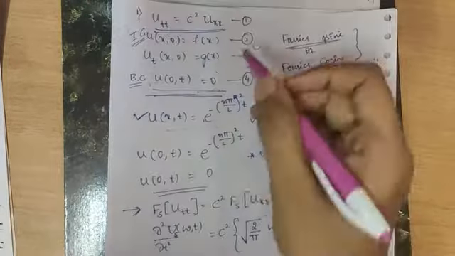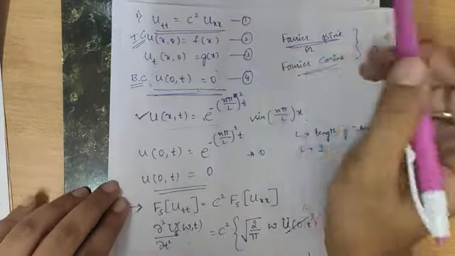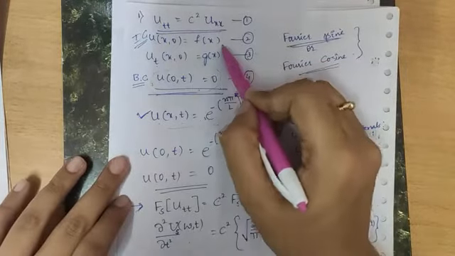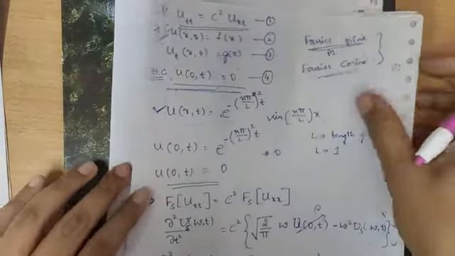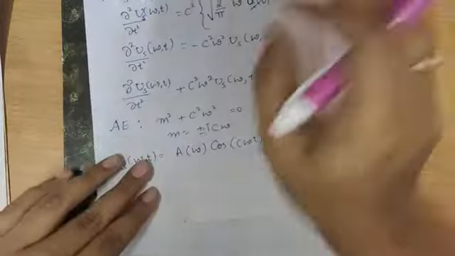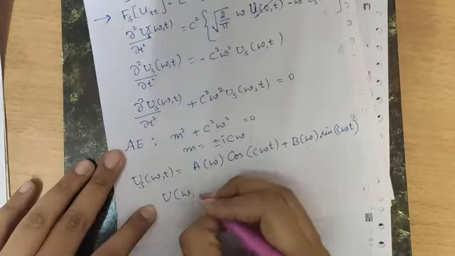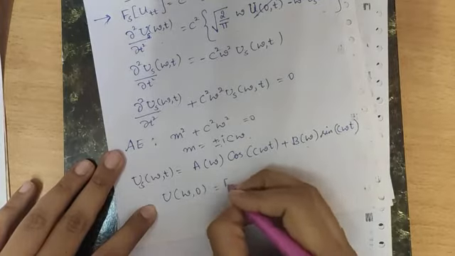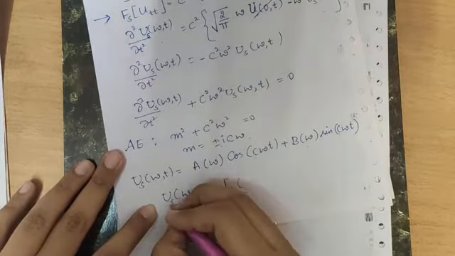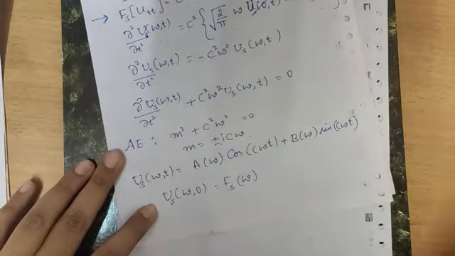For that, let's use the initial conditions. Before that, we have to take the Fourier sine transform of the initial conditions also. So the initial condition becomes, I will write it directly, Us(ω, 0) is equal to Fs(ω).